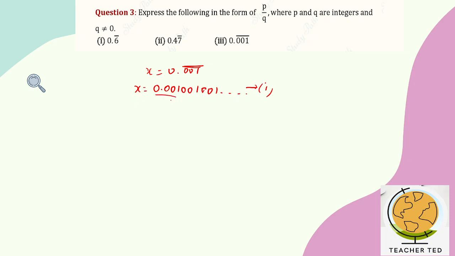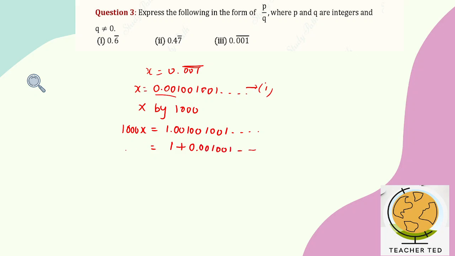Since there are three zeros here, you need to multiply the given equation by 1000 on both sides. The left hand side becomes 1000x and the right hand side becomes 1.001, etc.